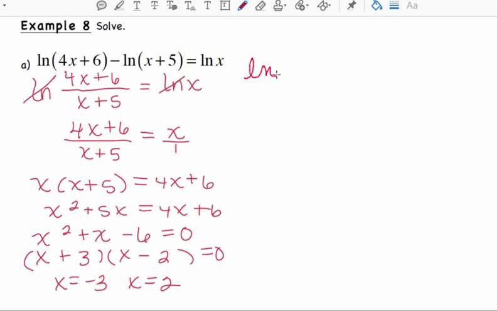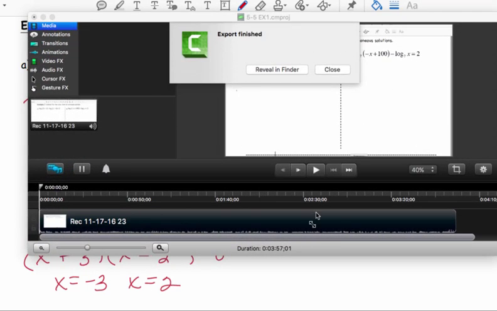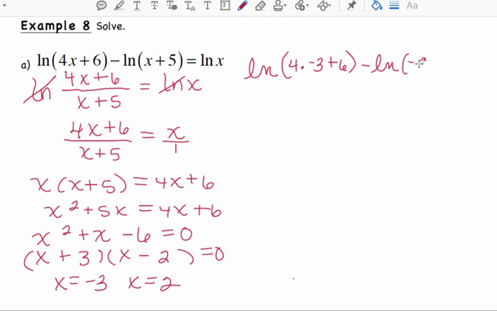So we have the natural log of 4 times negative 3 plus 6 minus the natural log of negative 3 plus 5 is equal to the natural log of negative 3.